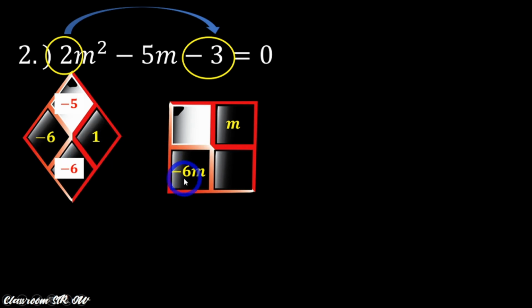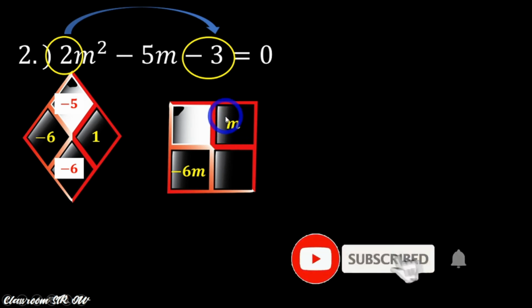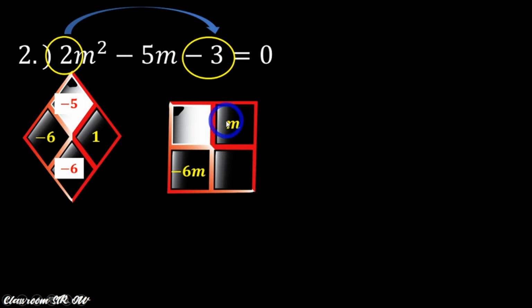So we have here negative 6m and m. Supposedly, this is 1m, but since the 1 should not be written anymore because it is imaginary, we will write now what is left in our quadratic equation. We have 2m squared and negative 3. Now, factoring out 2m squared, of course, that will give us 2m times m.